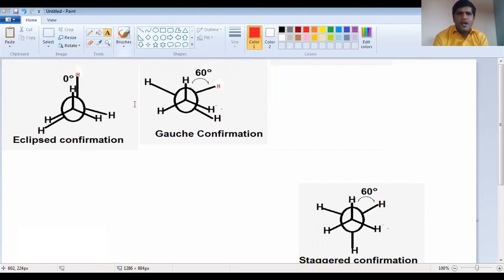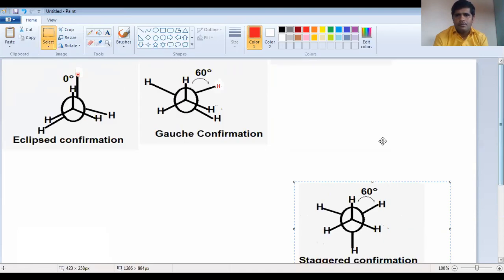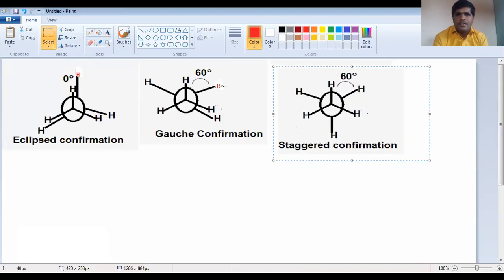And then next, if you are considering the staggered conformation, this hydrogen will rotate and come to this location. Just see.